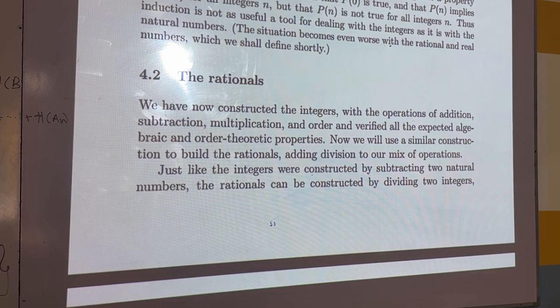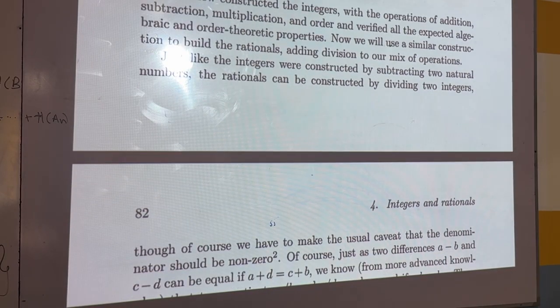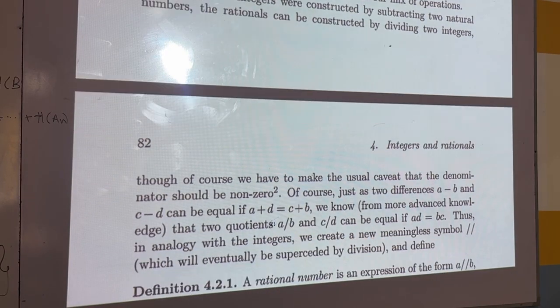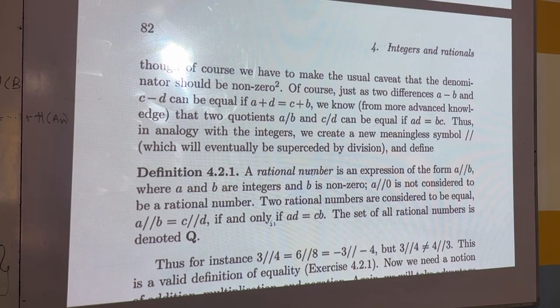Just like the integers were constructed by subtracting two natural numbers, the rationals can be constructed by dividing two integers. So it's a clever thing he has done. Though of course we have to make the usual caveat that the denominator should be non-zero. So it goes without saying.